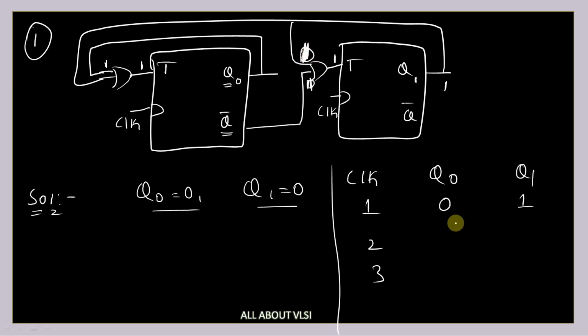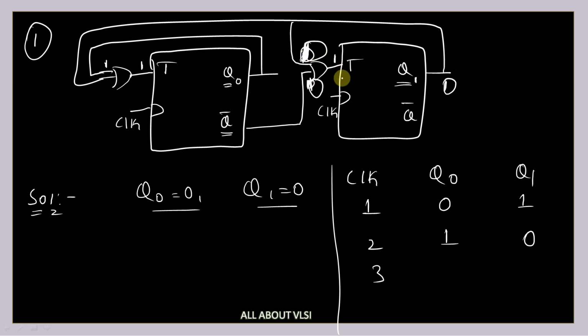Now what is going to happen? Q1 is going to toggle when we apply the second clock edge, so it is going to change to 0, and Q0 is going to change to 1 because the input of the first flip-flop is equal to 1. Now here we are going to apply 0 because Q0 is equal to 1, so Q bar is equal to 0. And here we are having output as 0, so this 0 will be transferred over here.